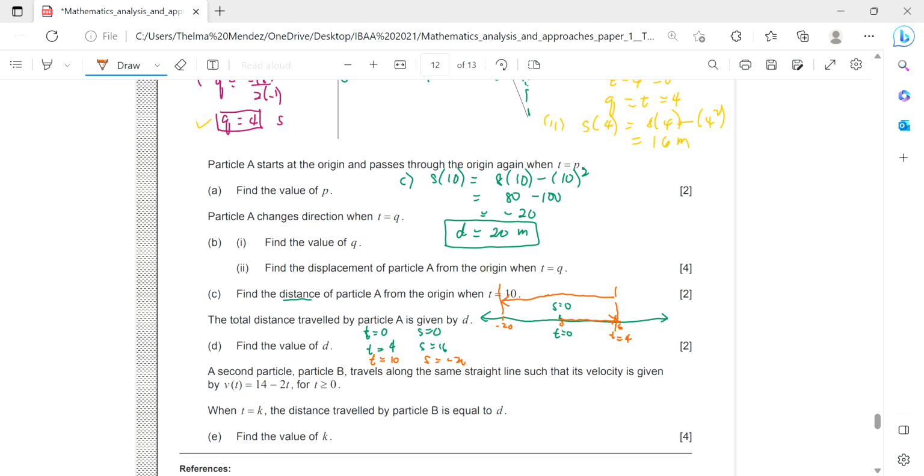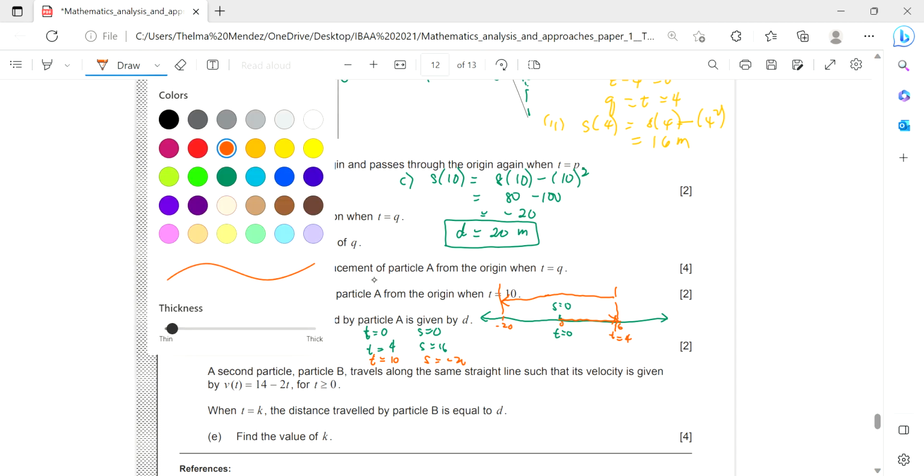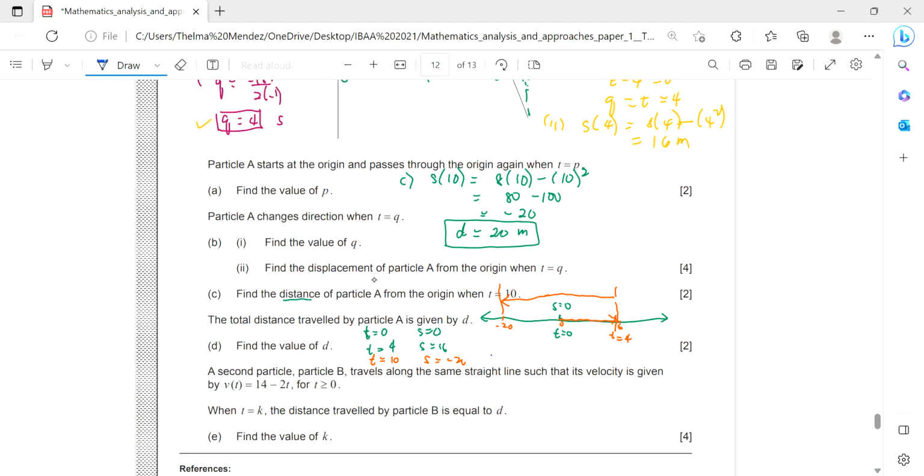Okay, so now let's find the total distance traveled. So let's take a look at this. From this point is the total distance. We have here 16, and then from 16 to negative 20, so 16 and 20, so 36 going to the left.